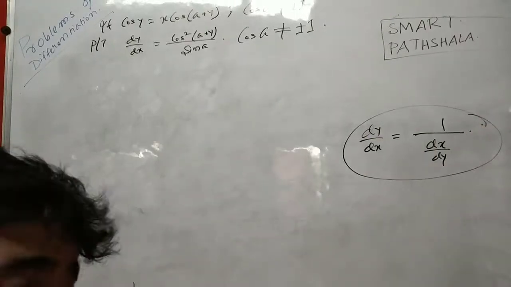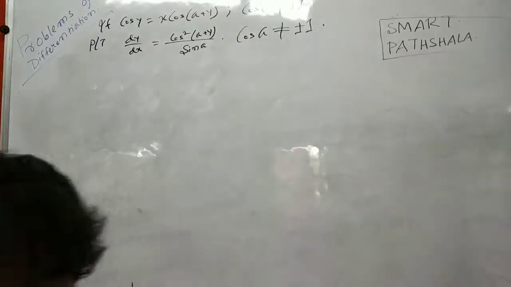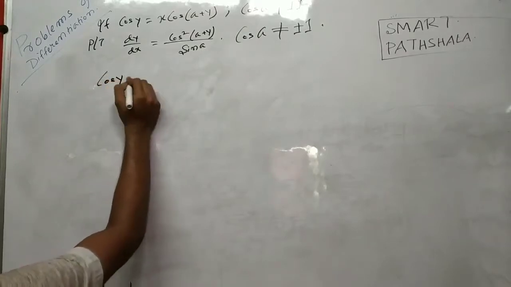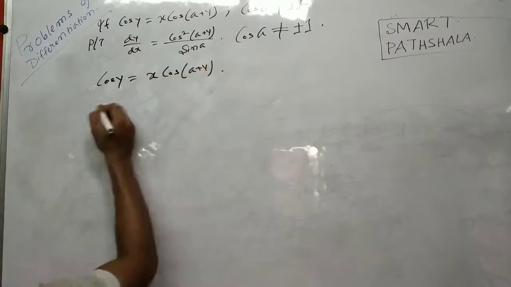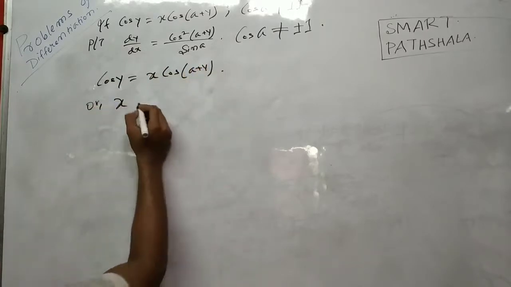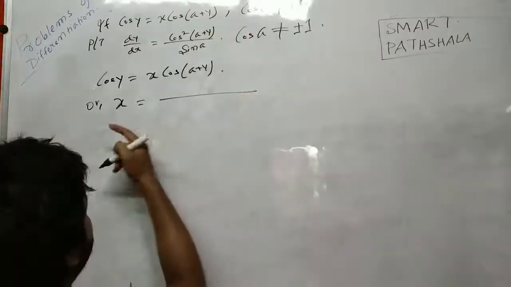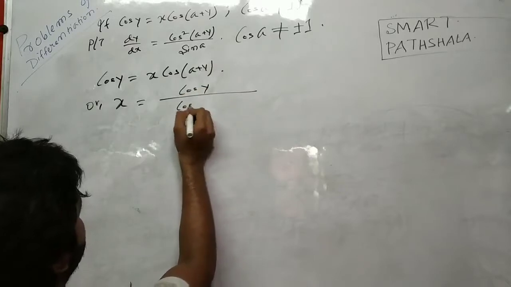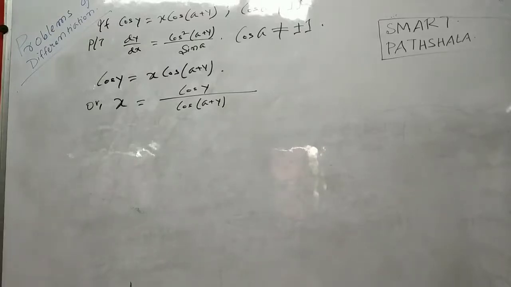We will apply this logic in this problem, right? So let's descend down from whatever is given in the problem. What you need to write is x in terms of y. So you have x is equal to cos y by cos of a plus y, right?